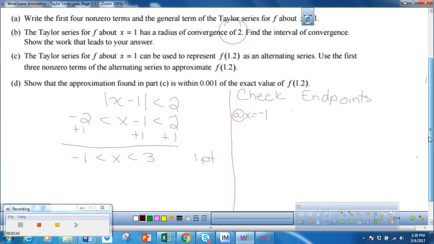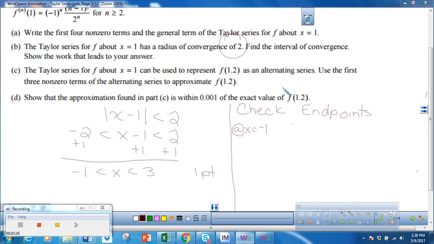So we are putting that into the nth term. The nth term is written on the other page, but I'm just going to write it here. It's negative 1 to the nth, 2 to the nth times n times x minus 1 to the nth power. Okay? So when we check our endpoints, we're inputting this negative 1 in for x.